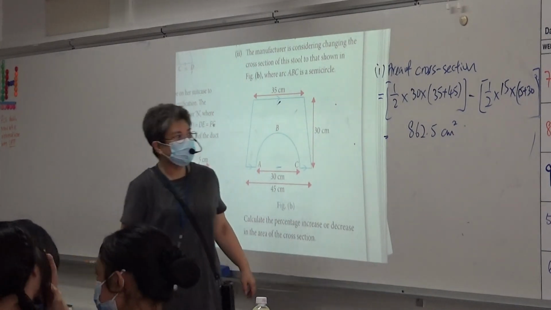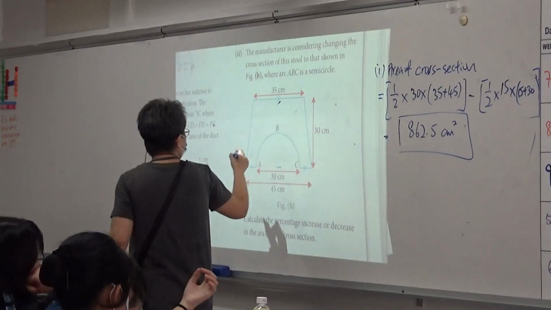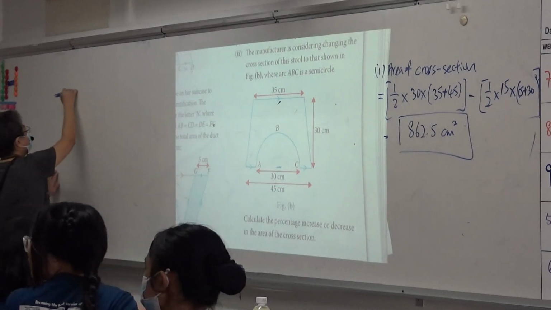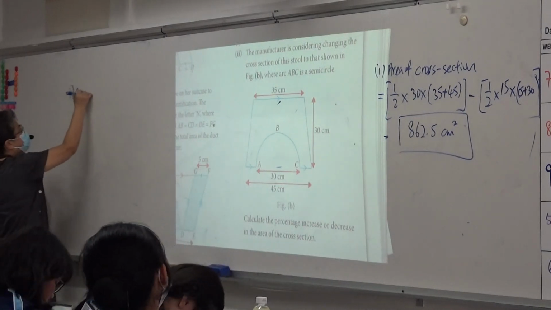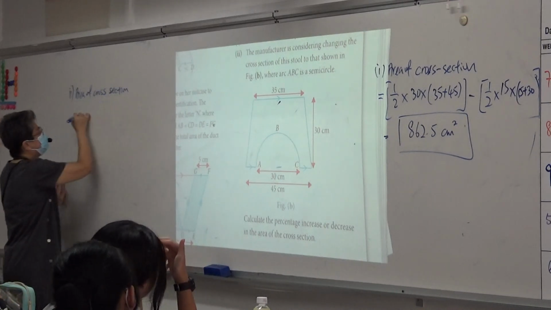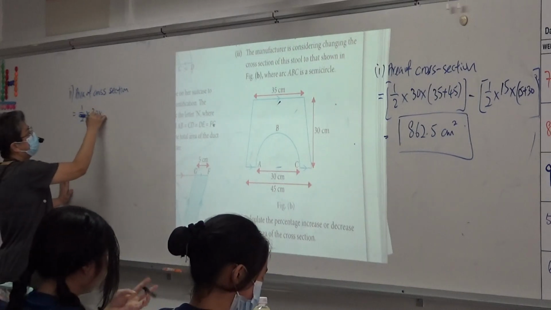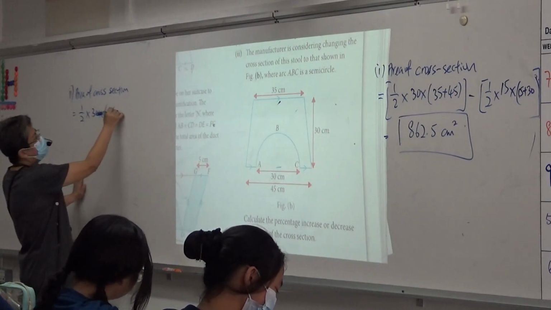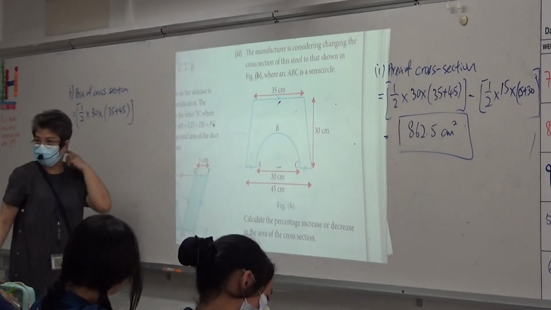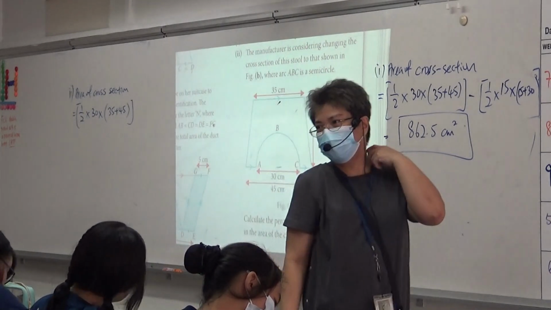Okay. Now, just now the area is this one, right? Correct. Now, may I know how to find the area of this? Area of cross section will be half times 30 times 35 plus 45, right? This will be the big trapezium, right? Correct now? Okay.